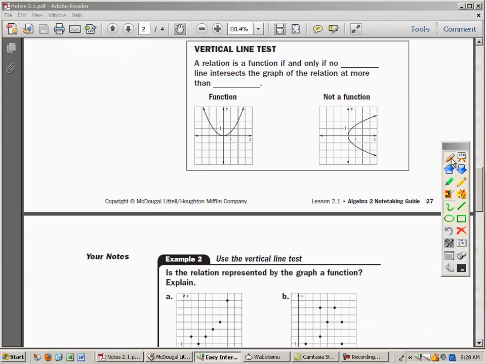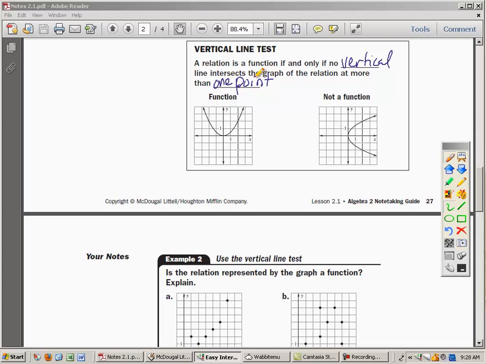All right, so whenever we have a graph of a relation, we can always take a look at a picture of that, and we can say that a relation is a function if and only if no vertical line intersects the graph of the relation at more than one point.